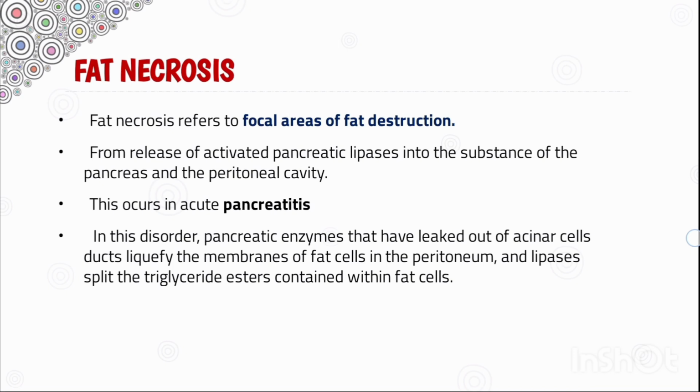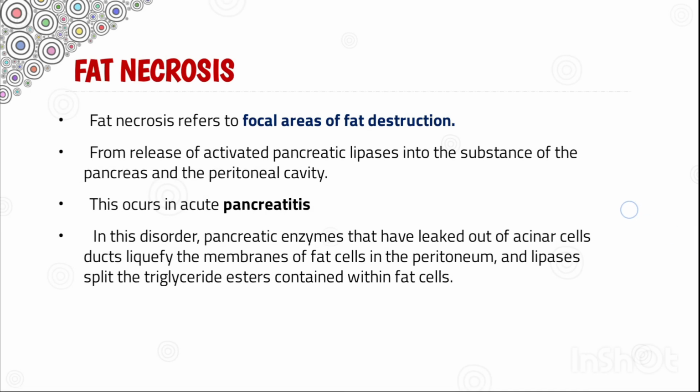What these enzymes do is liquefy the membranes of fat cells in the peritoneum, and they split the triglyceride esters contained within the fat cells.